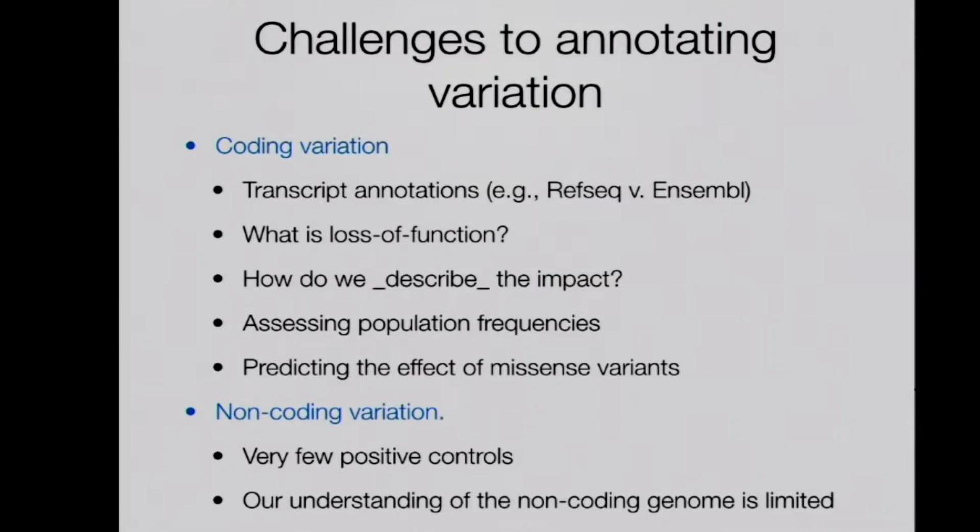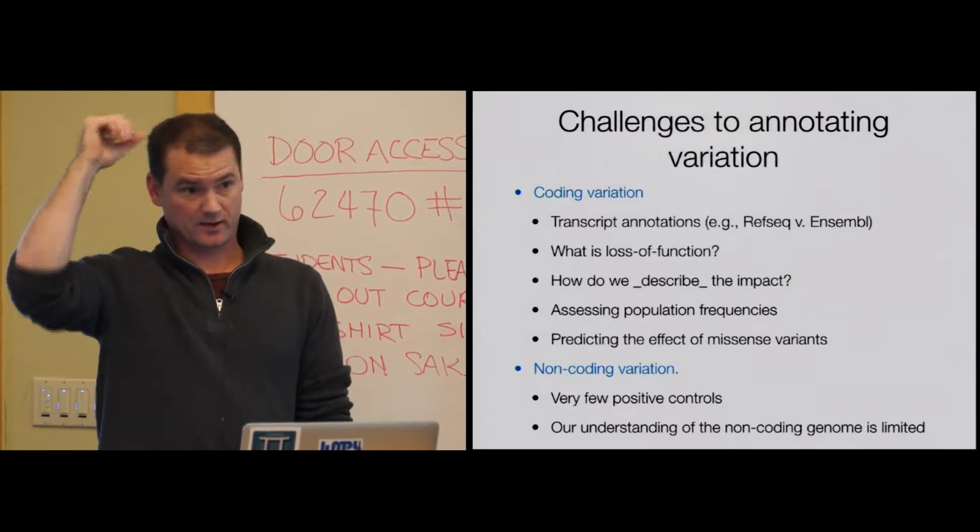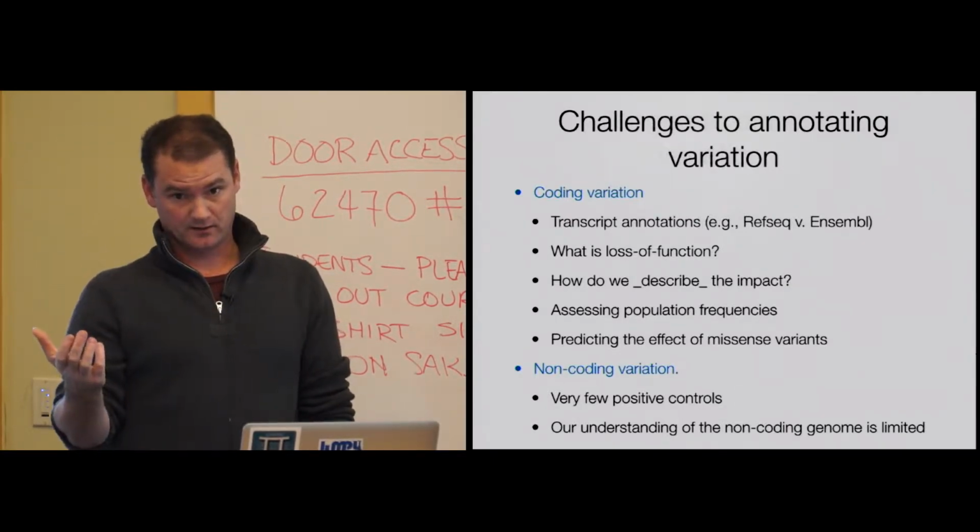Okay, so it sounds really simple, but variant annotation actually proves to be much harder than it would seem at first thought. One of the fundamental problems, especially in terms of interpreting coding variation, is that the impact of a given nucleotide change at a position in the genome depends upon the transcript for the gene that you're looking at.